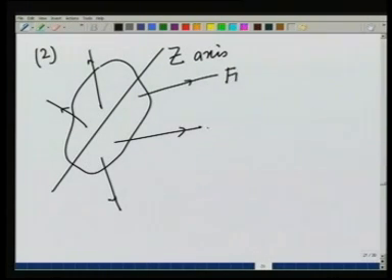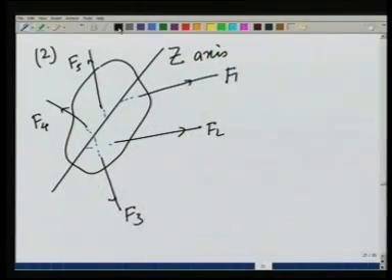So, this is force F1, force F2, force F3, force F4, force F5, and they are all intersecting the z axis, or a given line, at one point or the other. Let us see what happens in this case.